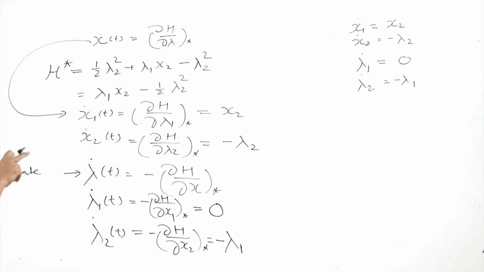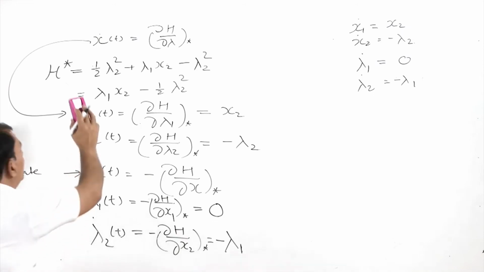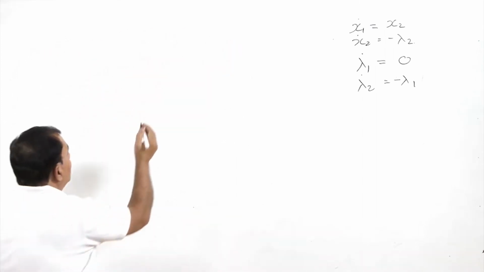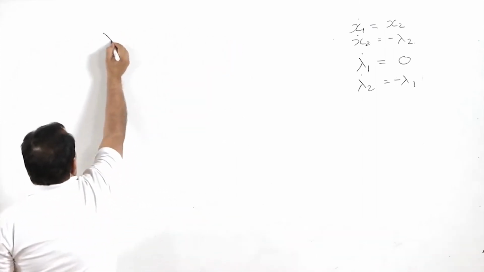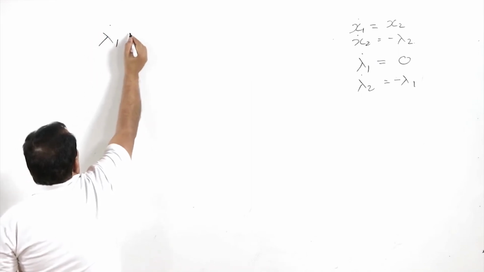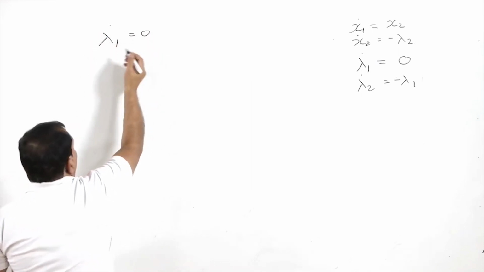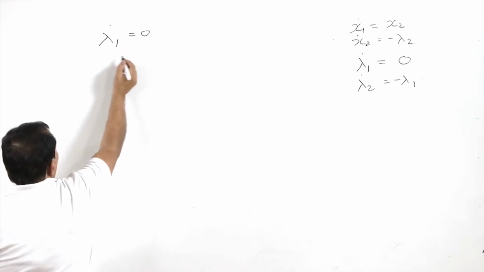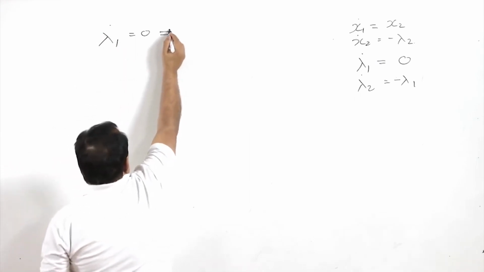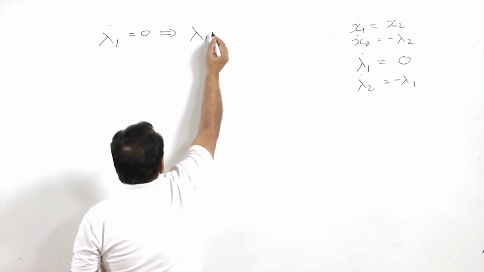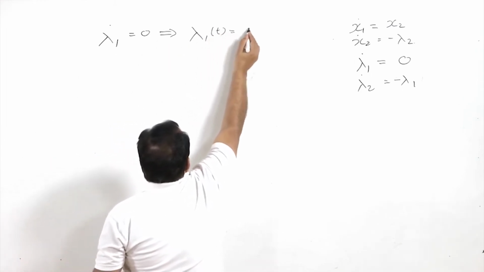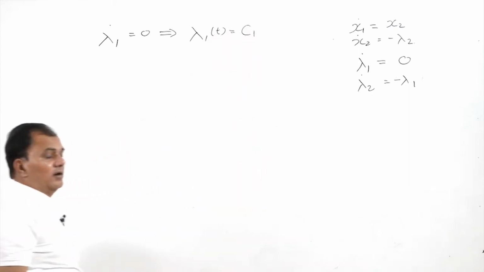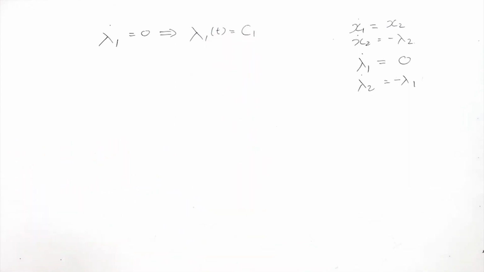Now these equations we have to solve simultaneously. How can we solve them? We take the first equation, lambda 1 dot equal to 0. The solution of this, as we know, gives lambda 1 t equal to, let us say, C1, where C1 is a constant.